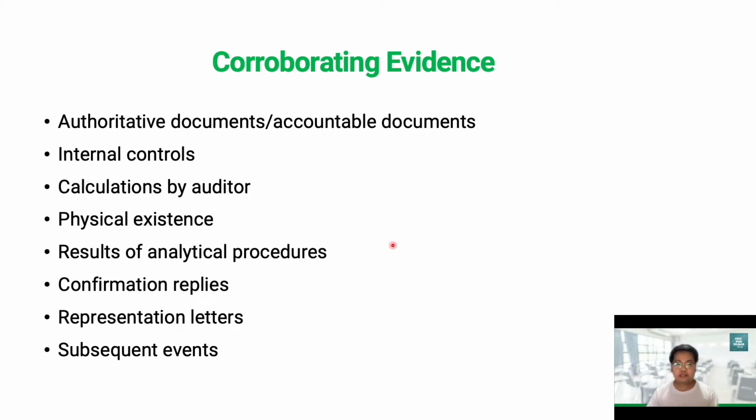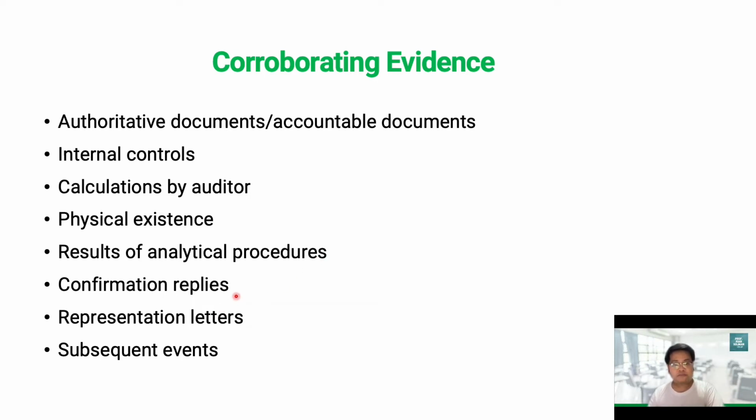Okay? We also have the results of our analytical procedures, like testing the reasonableness of items presented in the financial statements, like interest expense, depreciation expense, unusual items, and trends, for example of the revenue or of the expenses. That would also be considered corroborating evidence.